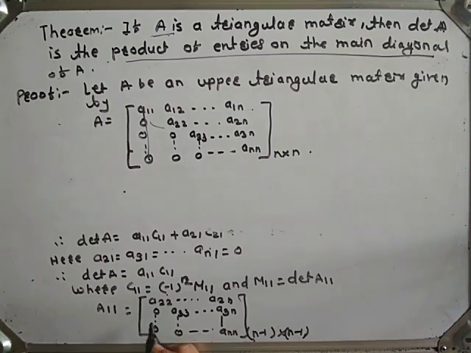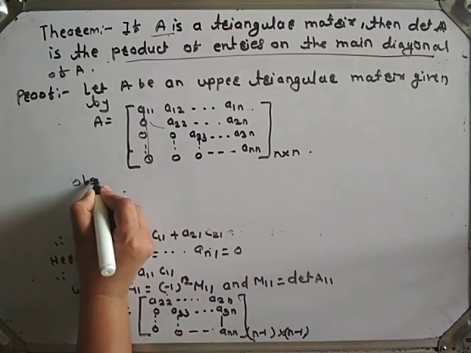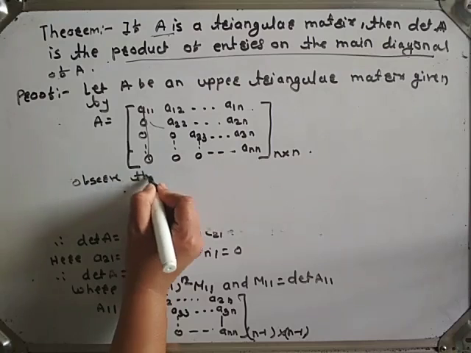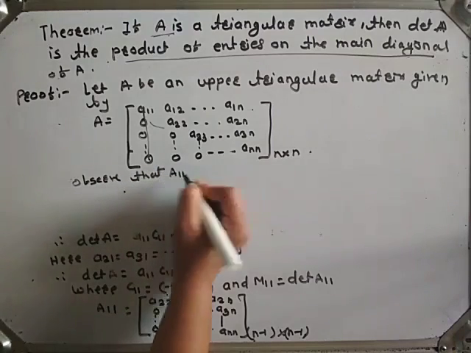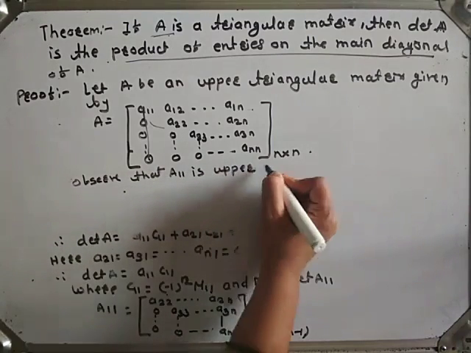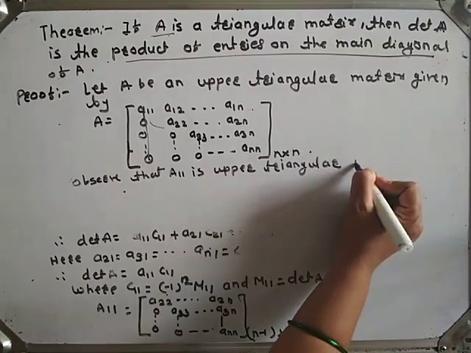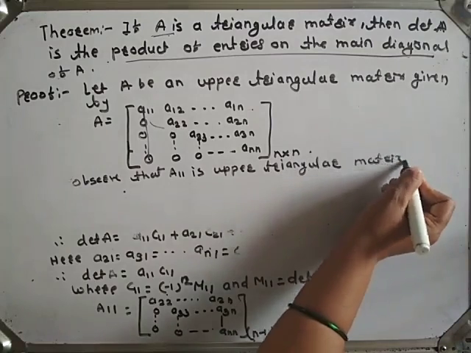Again here observe that there are more zeros in the first column, so we calculate determinant of this matrix by using cofactor expansion across the first column. Observe that A11 is also an upper triangular matrix.